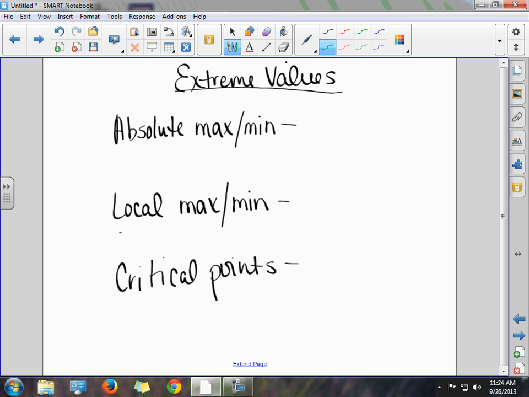So generally when you look for maximums and minimums, you look on an interval. So let's talk about an interval and what happens here. So an absolute maximum or minimum is just the actual highest or lowest point on the interval. So this could be hills, I would call them hills, it could be valleys, or it could be endpoints.